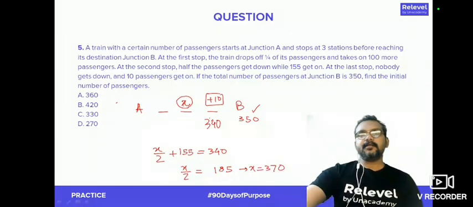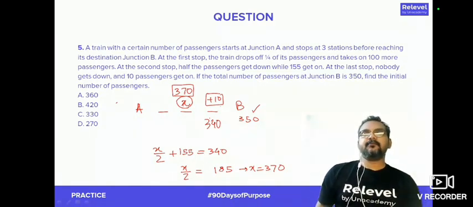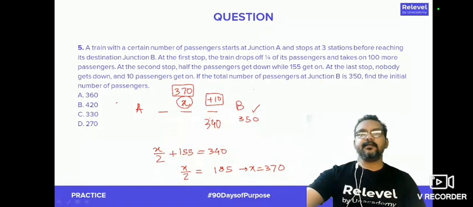So X would be 370. So that means here there were 370 people, out of that half of them left. So 185 left and then 155 joined. So 185 plus 155 will give us 340. At A, in the first stop, 1/4 gone left and 100 more joined.